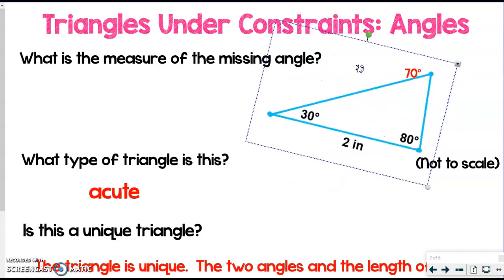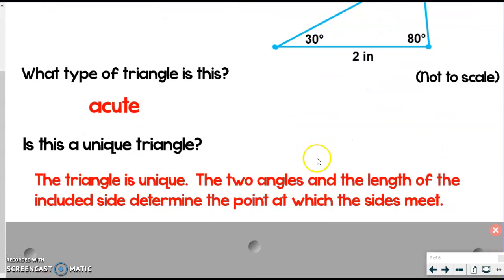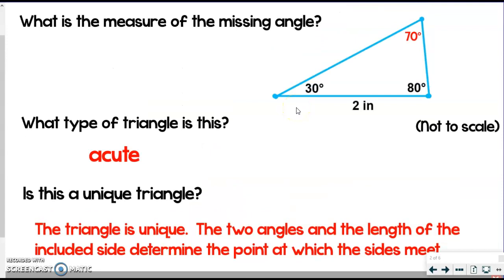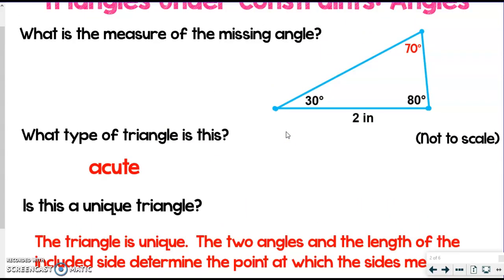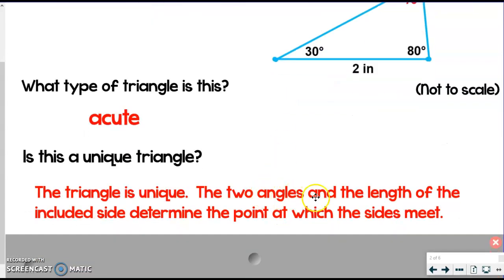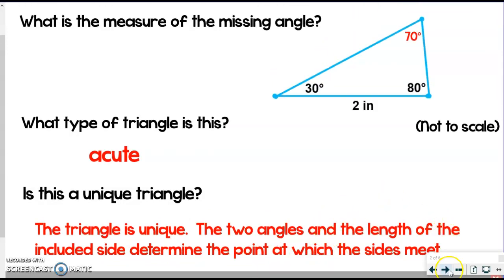I could rotate that around, but again, it's still going to have these same side lengths and angles. So that's what creates a unique triangle, meaning this is the only way to make that triangle. Rotating it doesn't change the makeup of the triangle. So the two angles and the length of the included side determine that point in which the sides meet. And so that's what makes it a unique triangle.